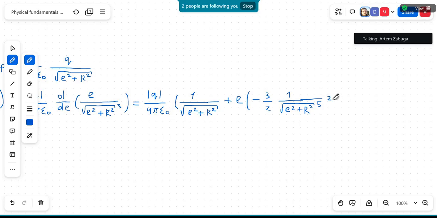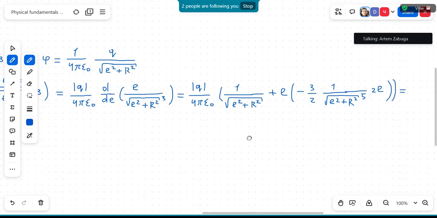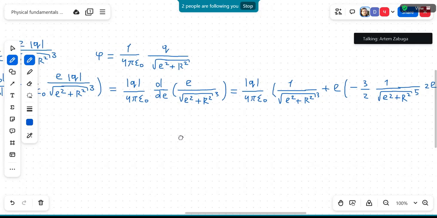So it's necessary to multiply this by 2L. Oh, here I have forgotten, it is to the power of 3.